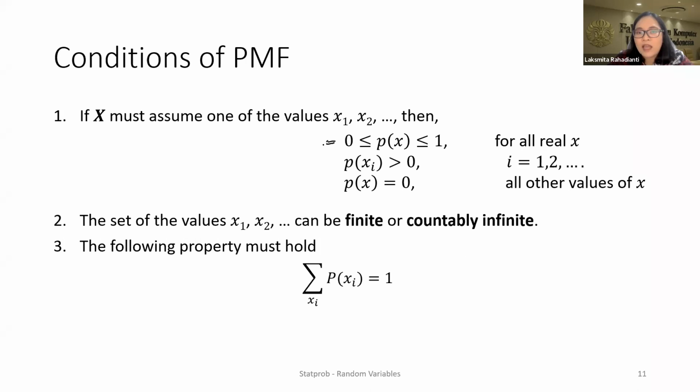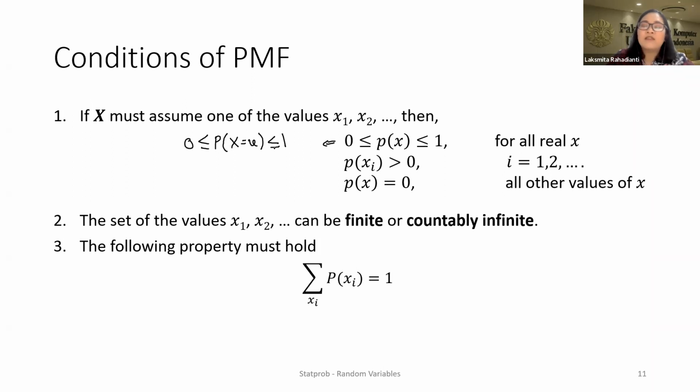I'm going to translate that into the notation that we already knew beforehand. So the probability of X equaling a value must be between 0 and 1. And if you look at it this way, you probably think, oh, well, duh, of course, because we already established in the previous topic that the probability of any event must be between 0 and 1.